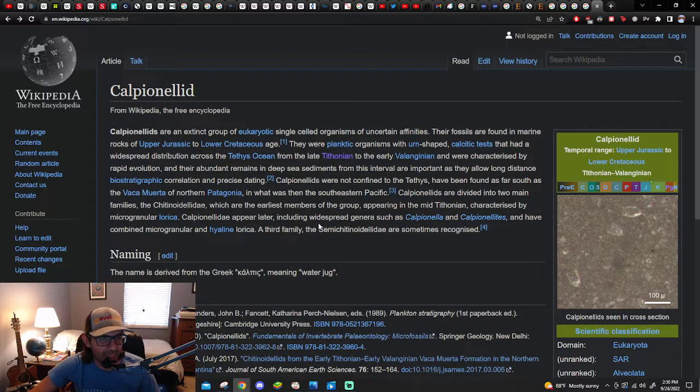Okay, let's see. Characterized by rapid evolution, and their abundant remains in deep sea sediments. Trying to think why some sort of emissions would then subsequently be found abundantly in deep sea sediments from this interval.